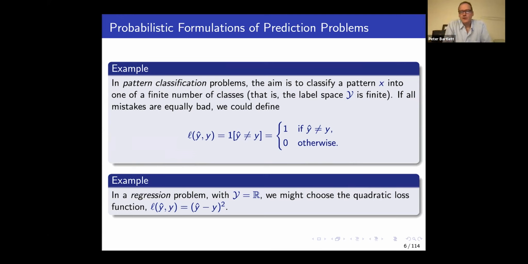Of course, we might have different kinds of mistakes incurring different kinds of losses. There are many different flavors of pattern classification problems. In a regression setting, when the outcome space is the reals, we would typically choose some sort of continuous loss, like the quadratic loss, which is a squared difference between our predictions and the outcomes.